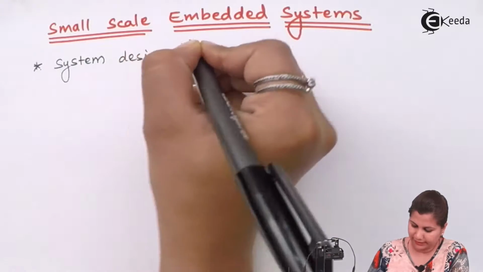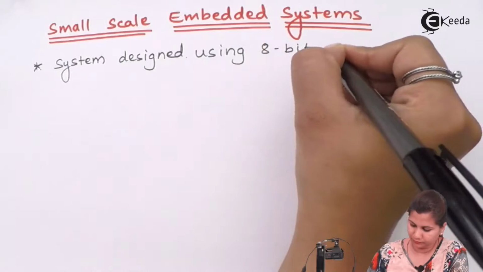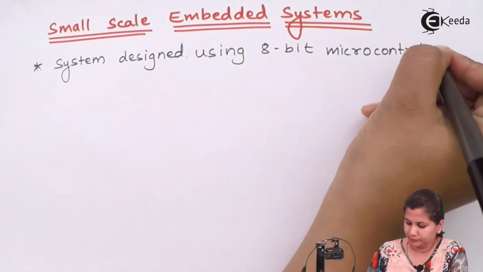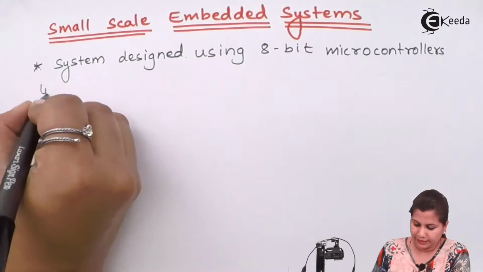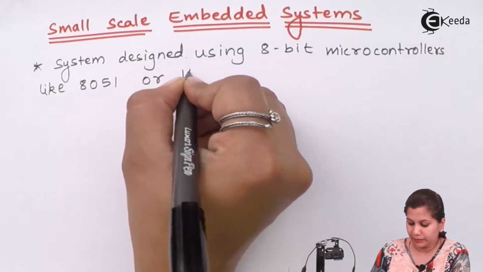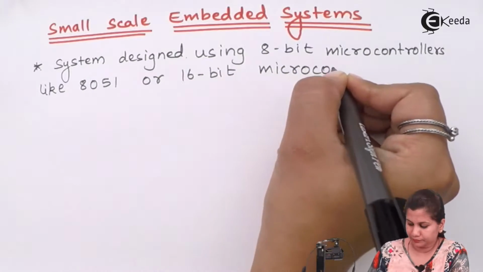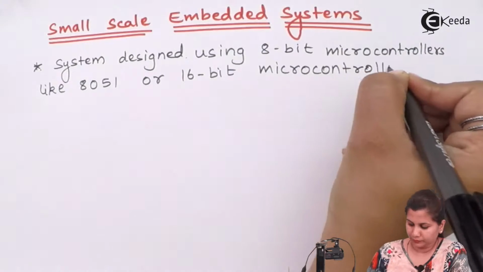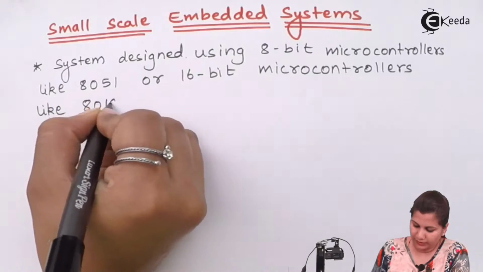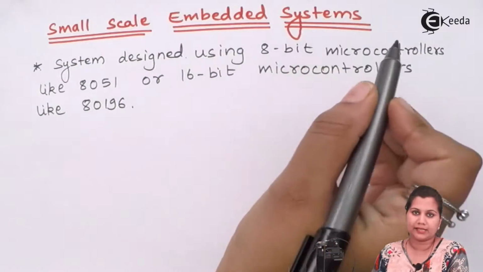So systems which are designed using 8-bit microcontrollers like 8051, or the 16-bit microcontrollers like 80196, they come under the category of small scale embedded system.